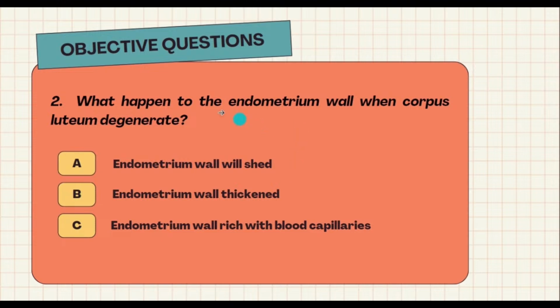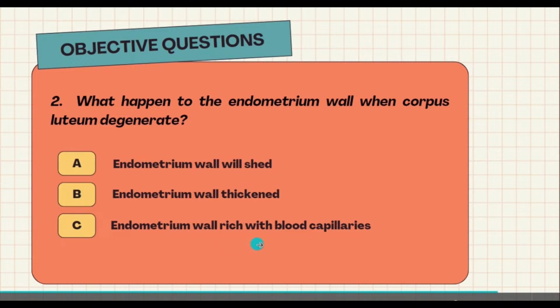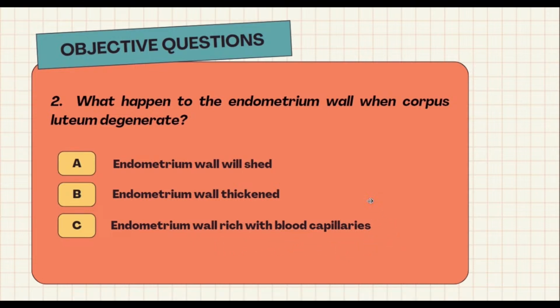Now, let us take a look at our second question, which is our last question. Question number 2. What happens to the endometrium wall when corpus luteum degenerates? A, endometrium wall will shed. B, endometrium wall thickens. C, endometrium wall is rich with blood capillaries. So what will be your answer?